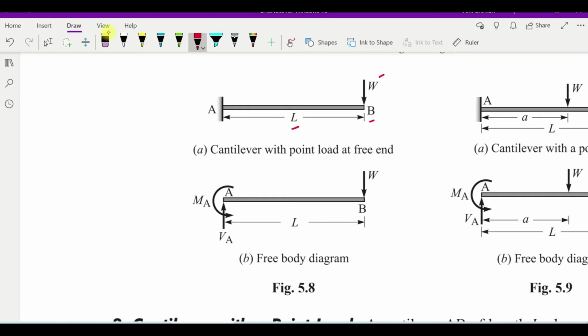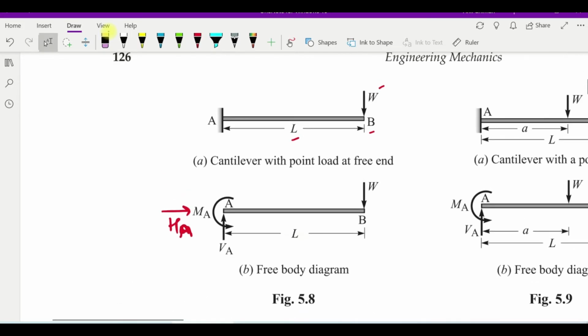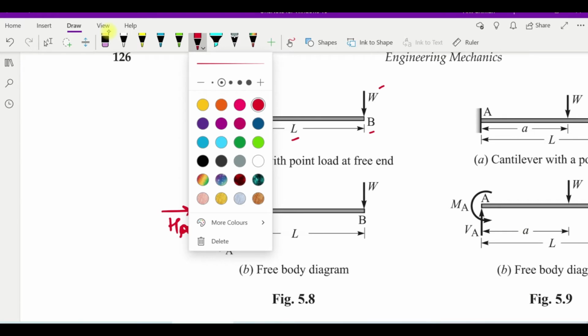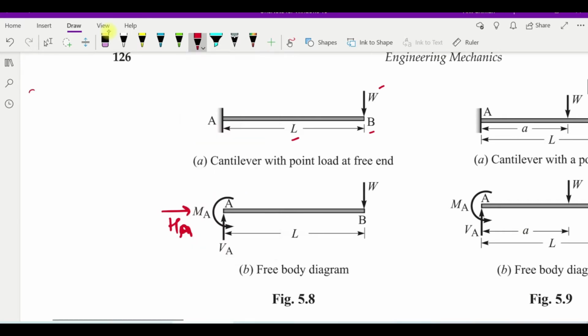The horizontal reaction is absent because there is no horizontal load. If I use the equations of equilibrium, the first equation is summation of all horizontal forces equal to 0.